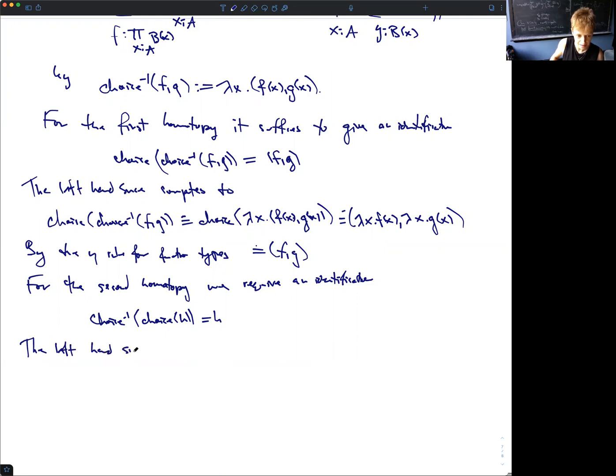Choice of H was defined to pair together lambda x dot PR1 of H of x with lambda x dot PR2 of H of x.